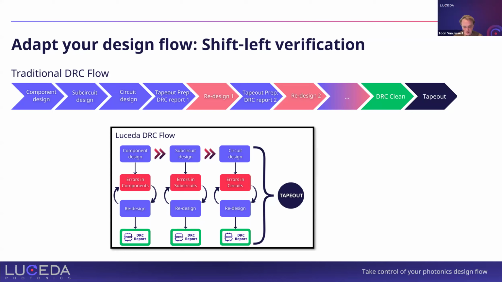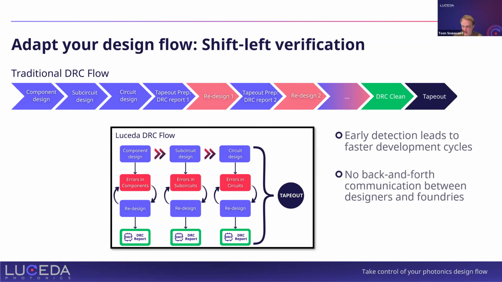You can run a DRC check and create DRC clean sub-circuits to build your entire top-level circuit. This allows you to detect DRC errors early, which leads to faster development cycles. And in the end, you are able to deliver a DRC clean design to the foundry, so no back and forth communication between designers and foundries needs to occur.